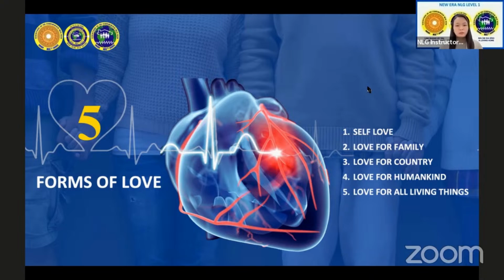So the first step is to learn how to be loving, how to care for other people. And look, here at NLG, we don't put pressure on you to go out and do charity or volunteer for something. That's not what we're saying.